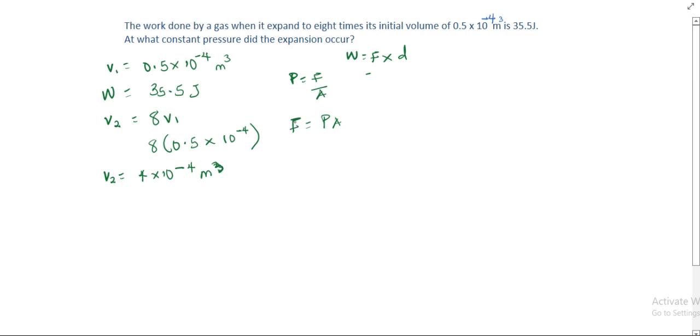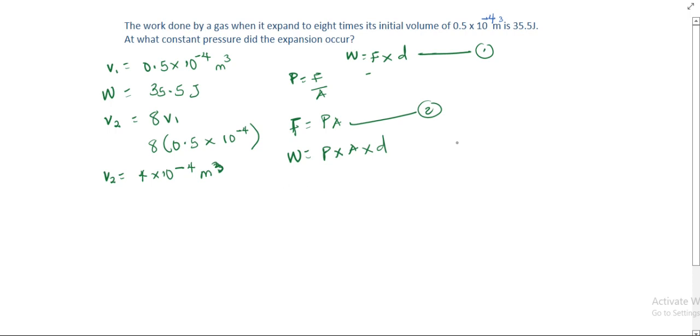Let me label this equation 1 and here equation 2. So let's put equation 2 into equation 1. So we have our work done equals pressure multiplied by area multiplied by the distance.